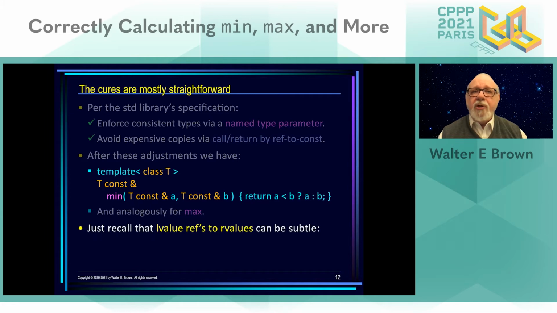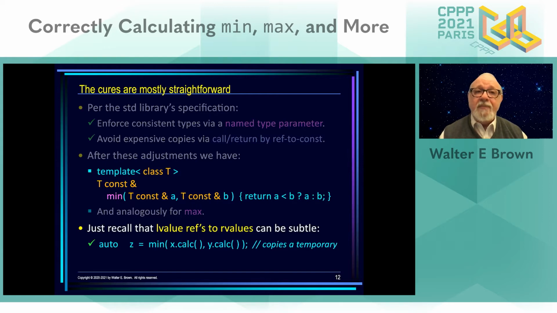But please do recall that if you happen to be calling such functions or function templates with R values, L value references to R values do have a subtlety. If you call min, let's pretend that X and Y have member functions named calc, which return temporaries, we're going to get back a reference to one of those temporaries.